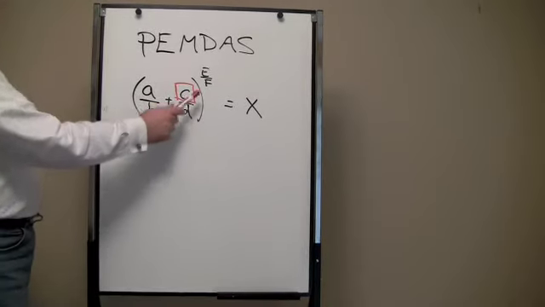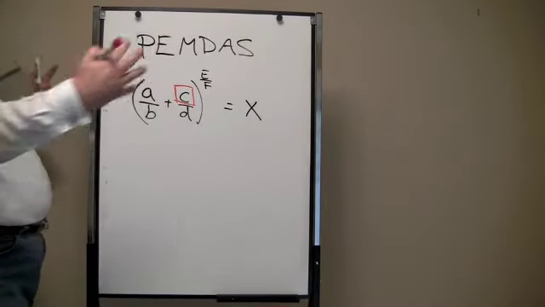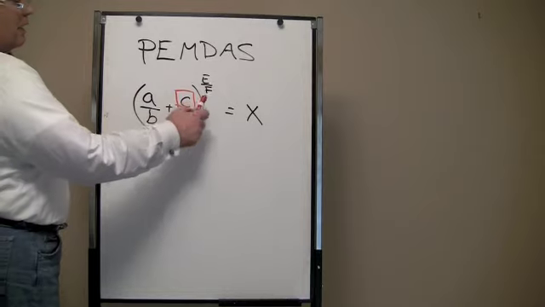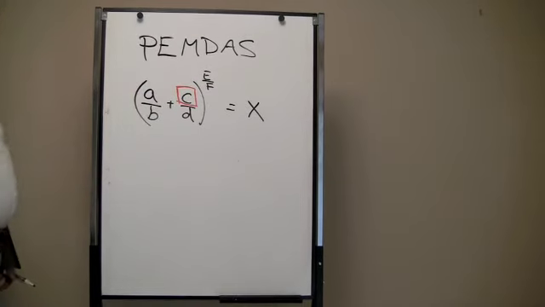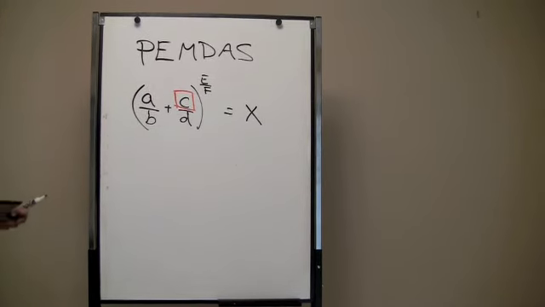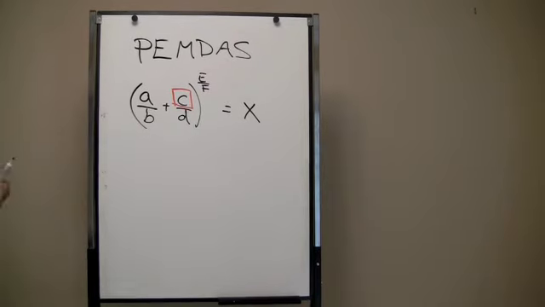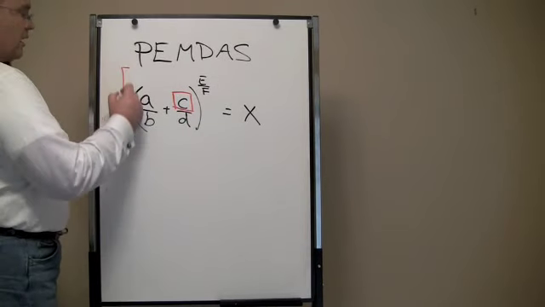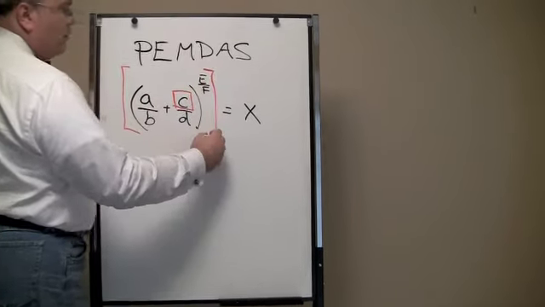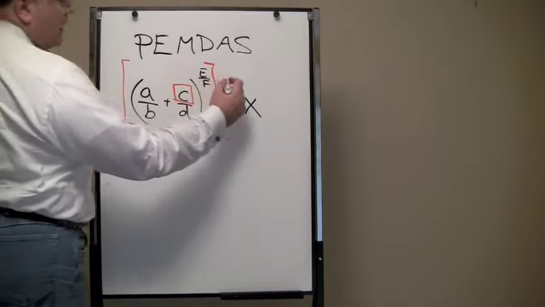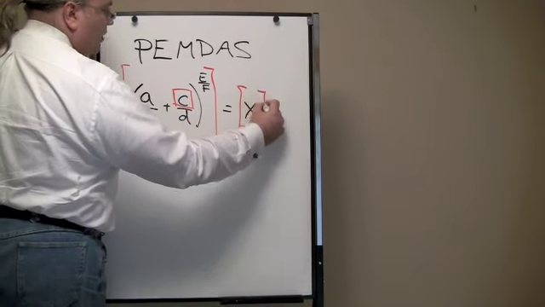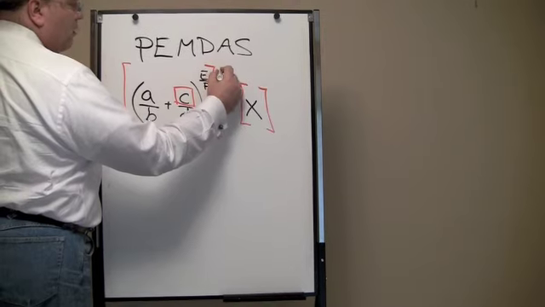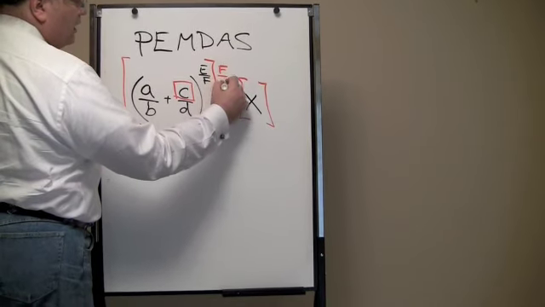The first thing that we have to get rid of, because there is no outer parentheses or brackets, is this exponent e over f. So what we're going to do is, in essence, raise both sides of the equation to the power of f over e.